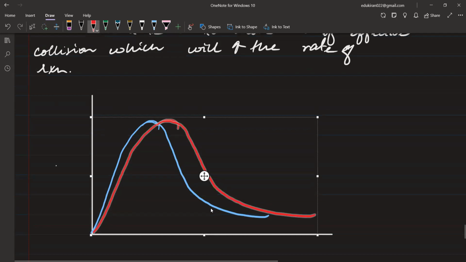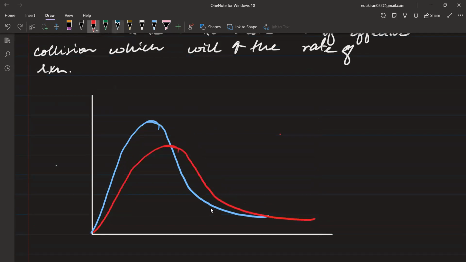The threshold energy is somewhere here. Now, look at the blue one. Only this much fraction is having energy that is greater than the threshold energy.